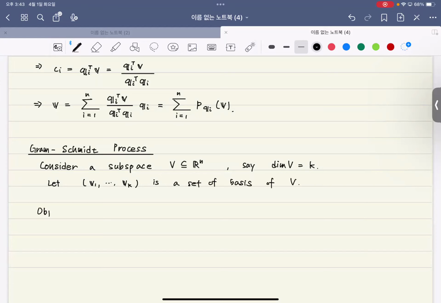What is the objective of the Gram-Schmidt process? We want to find an orthonormal basis Q1, Q2, ..., Qk. Yes, I should have k basis vectors that span the original vector space.